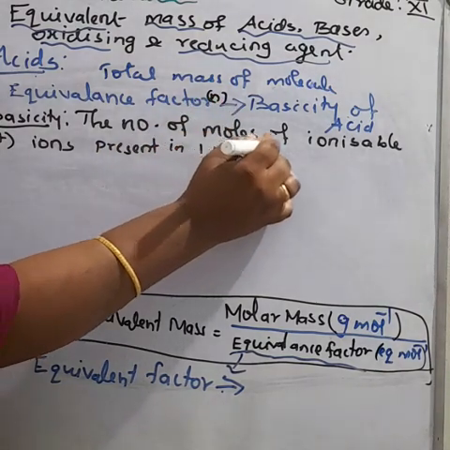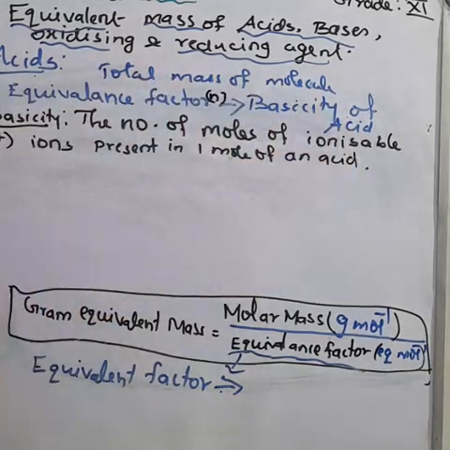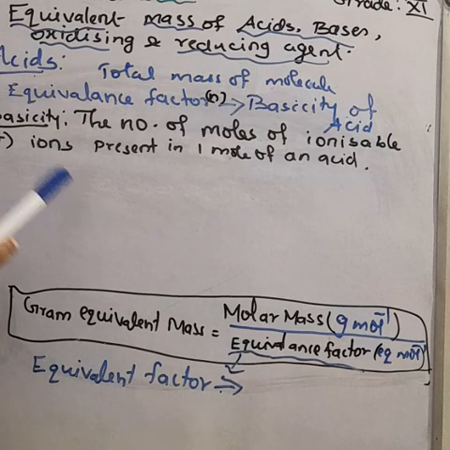What do you mean by basicity? The number of moles of ionizable H plus ions present in 1 mole of an acid. Examples of acids are H2SO4, H3PO4, and HCl. An acid must have H plus ions.